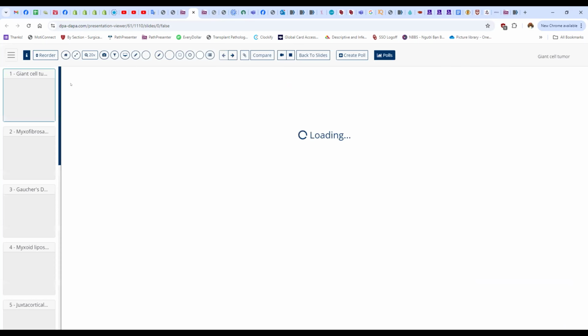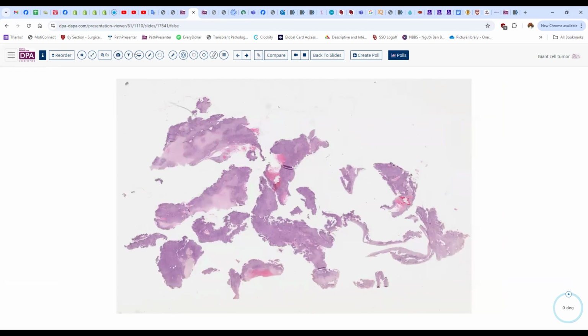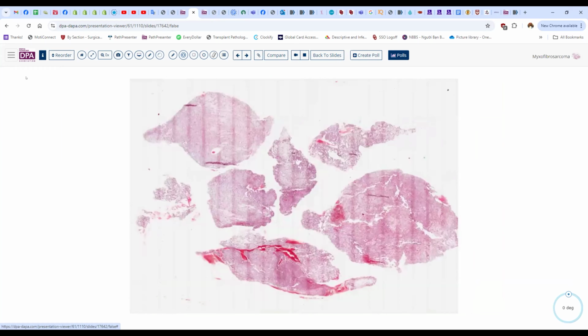So as you may have noticed, these cases are lodged in my Digital Pathology Association, or Digital Anatomic Pathology Academy, account, which has a number of great benefits. It's not very expensive if you're in the West, and if you're from a low or limited resource country, you can actually get a complimentary membership, which includes access to DAPA.